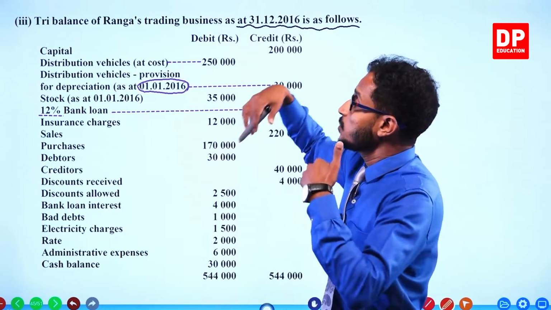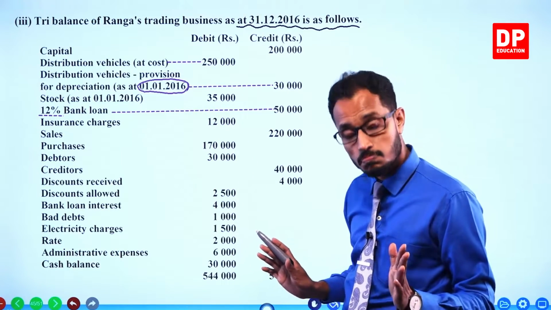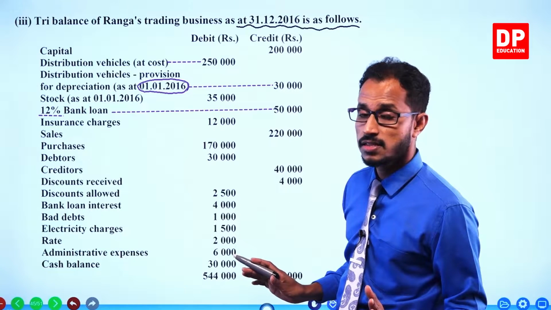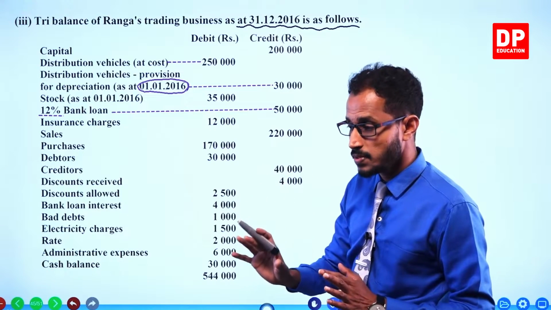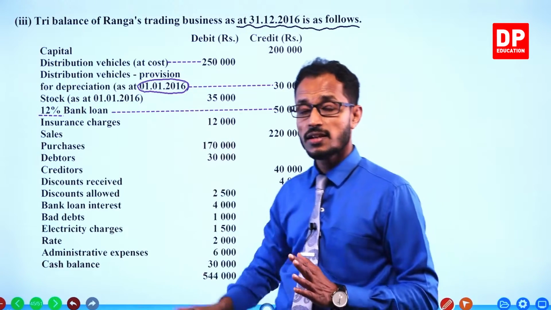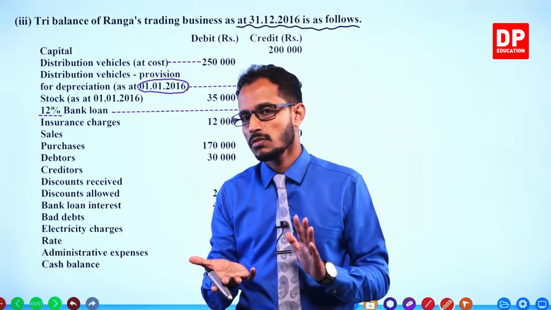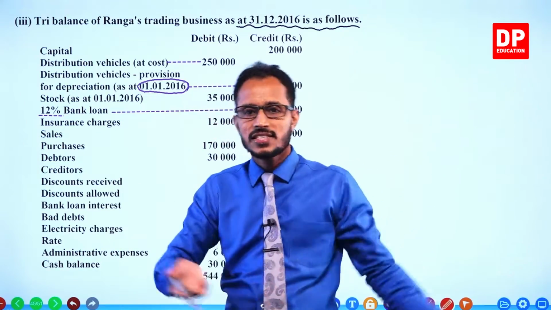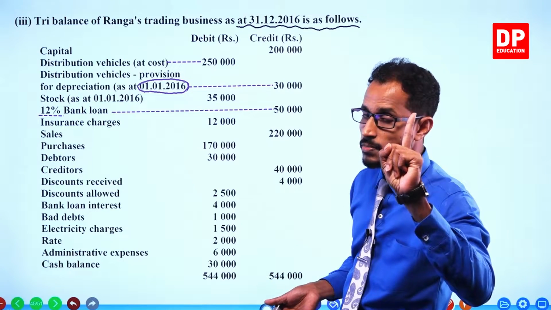You have learned that provision for depreciation means the depreciation value which the distribution vehicle already has, or in another way, the depreciation of the previous years.